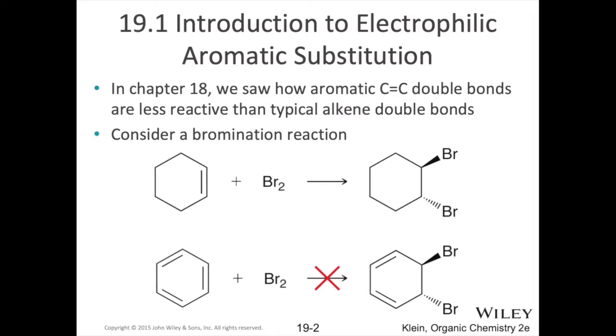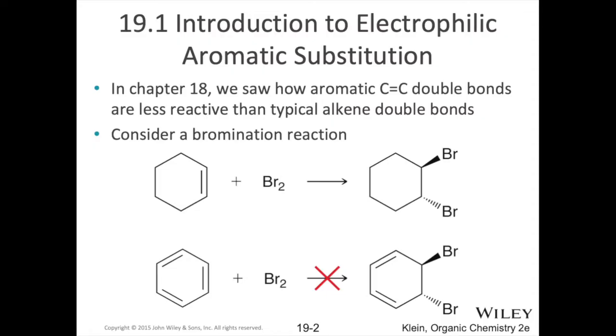That's usually a very quick, easy test for the presence of an alkene. Despite the fact that benzene has 3 carbon-carbon double bonds, there's actually no reaction with bromine. We don't see that same addition product that we would normally see with cyclohexene, for example.